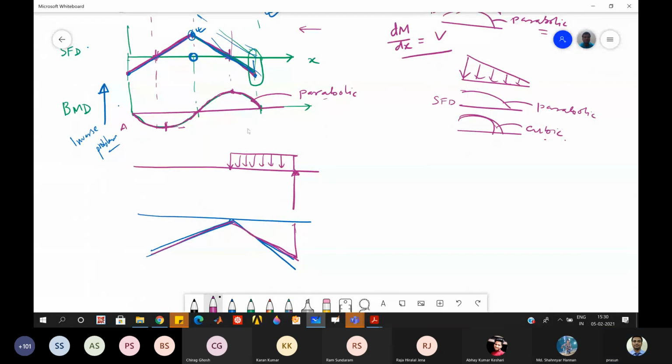So if I have this, the shear force is 0 here, right? That is possible. Yes, sir. That is possible. So then what will happen?